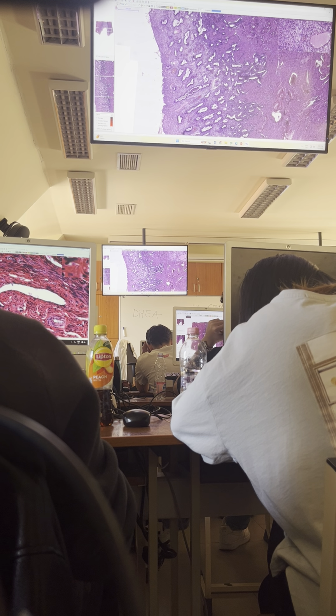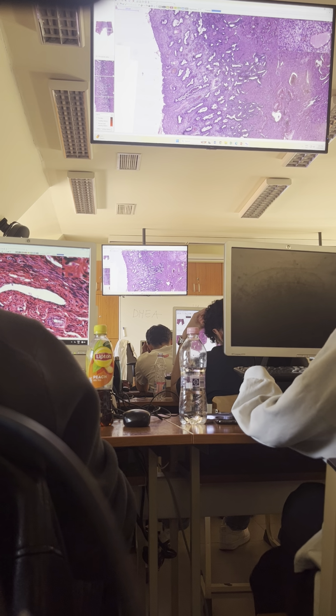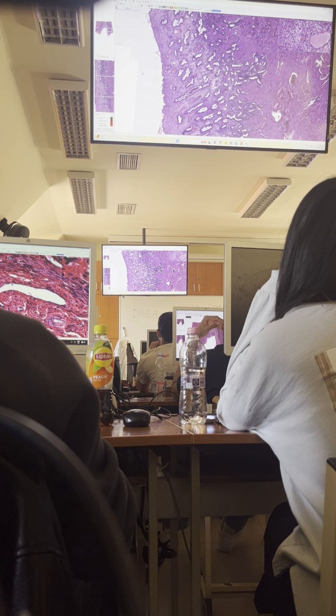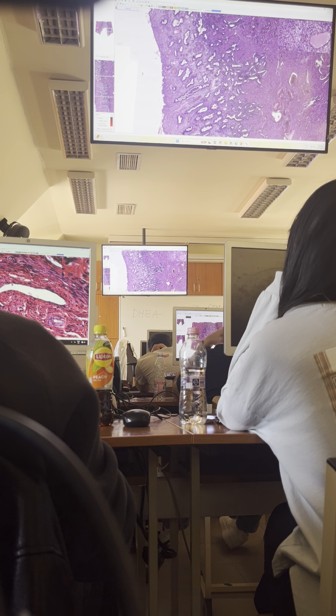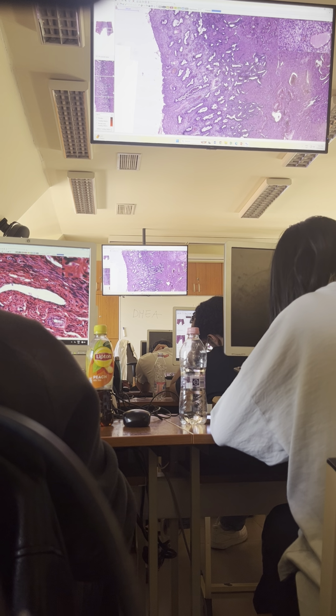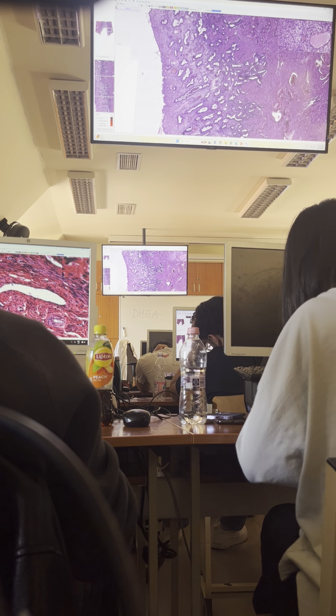Okay. But this edema here is normal. It is not an allergic reaction. So it happens in each cycle that this part of the functional layer, what we call spongy layer, gets edematic. That's normal here.